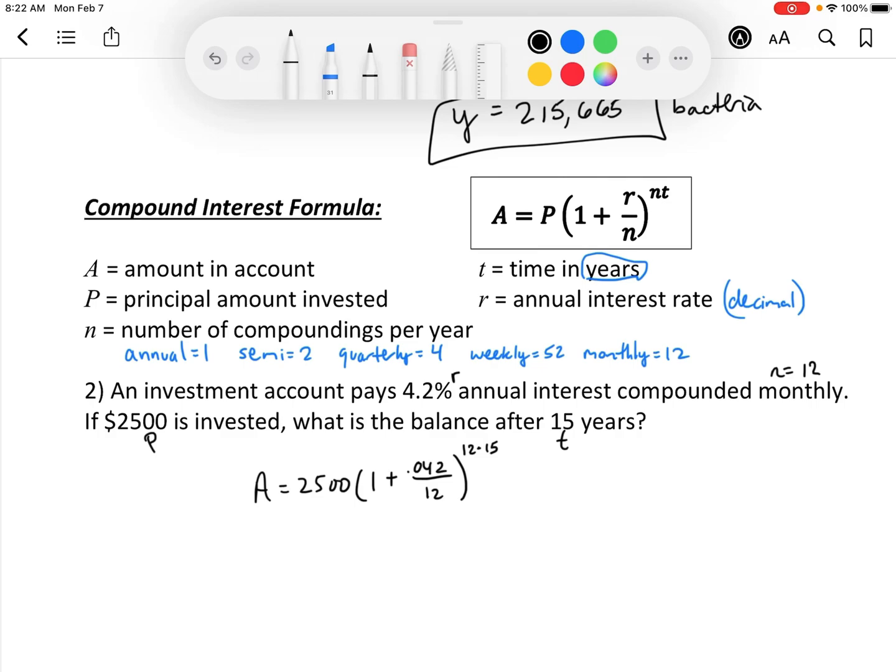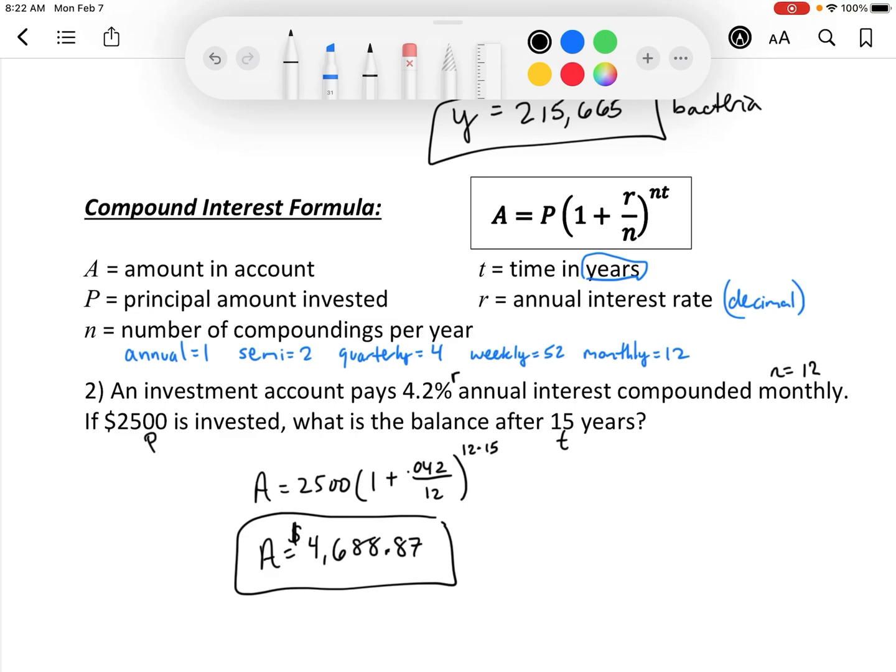Be careful with your parentheses. And I get the amount at the end to be 4,688. And since we're talking about money, I'm going to round to 2 decimal places, 87 cents. And that's the balance after 15 years.